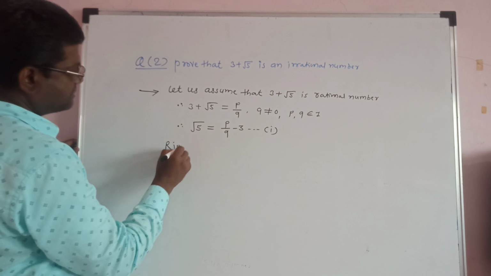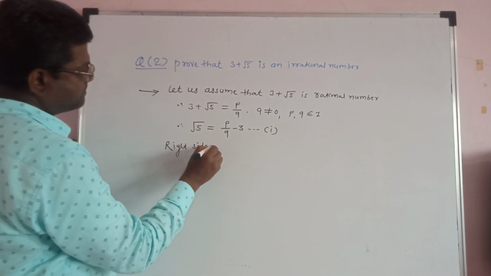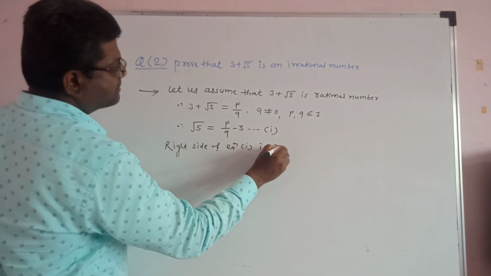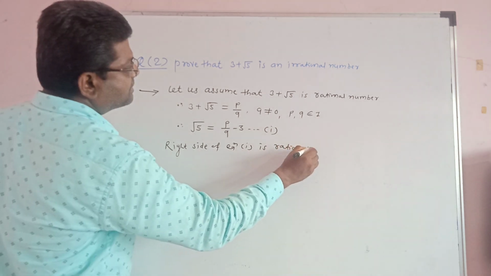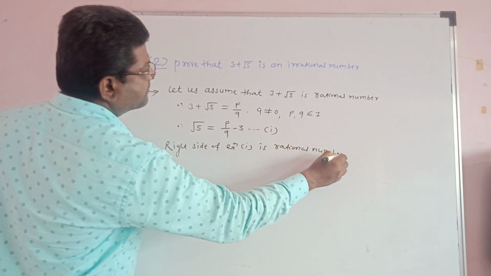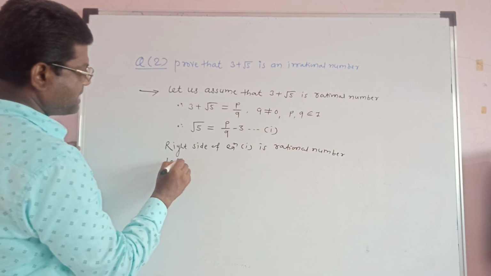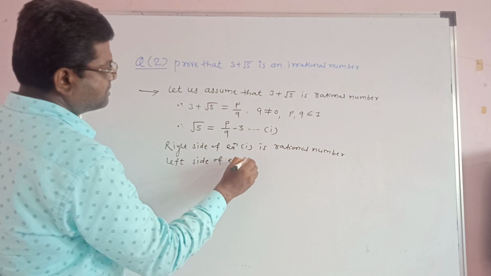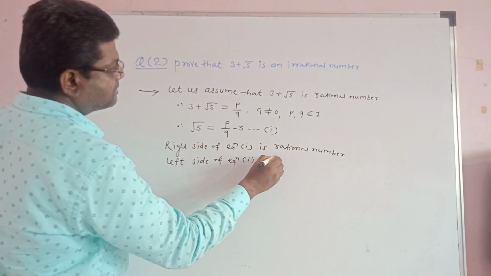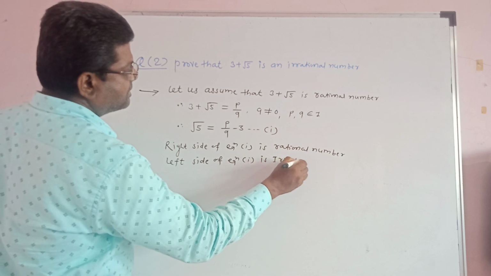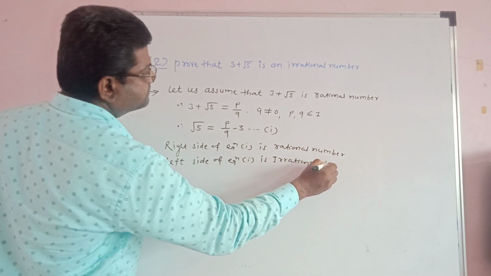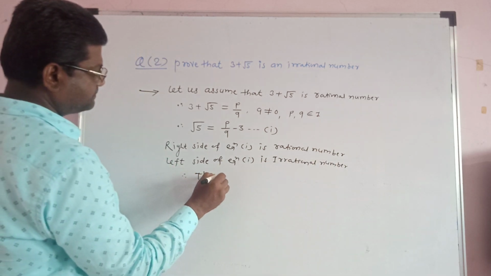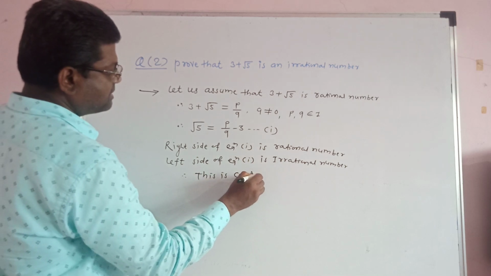Now write: right side of equation 1 is a rational number. Left side of equation 1 is an irrational number. Therefore, this is a contradiction.